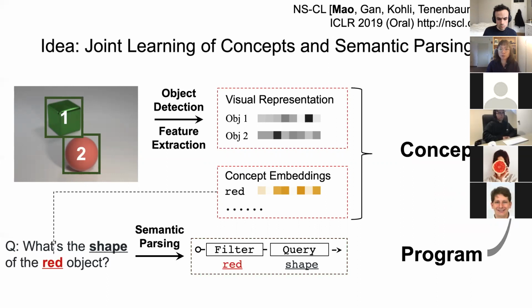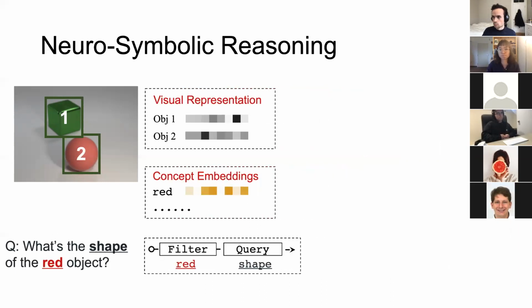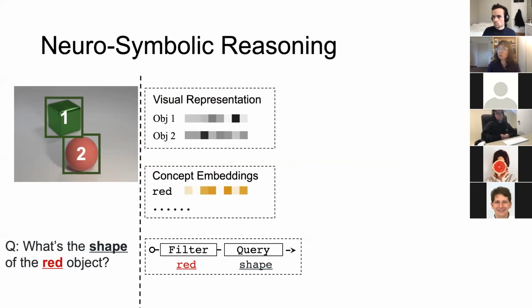First, let's focus on how to learn visual concepts via the symbolic reasoning module. Here, we assume that a latent program has already been recovered by the semantic parsing module. So the perception module learns visual concepts based on the language description of an object being referred to.